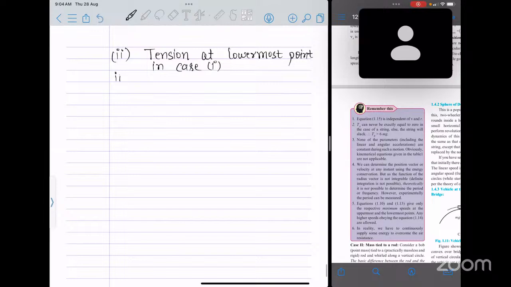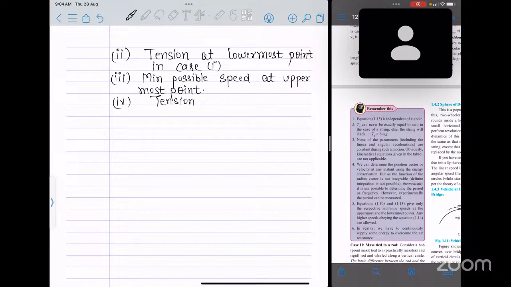Third, minimum possible speed at uppermost point. Fourth, tension in case third.